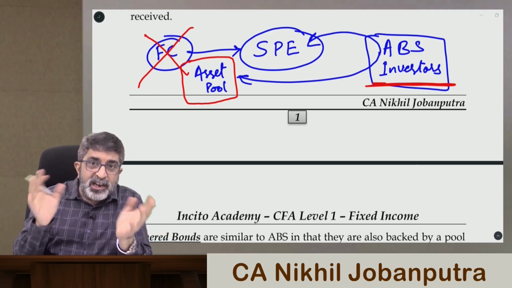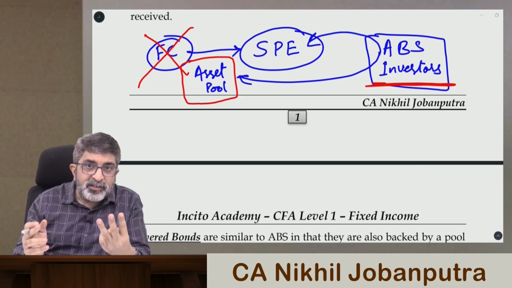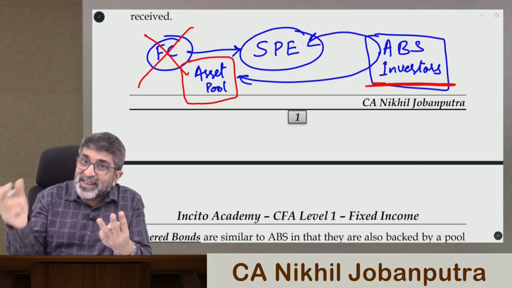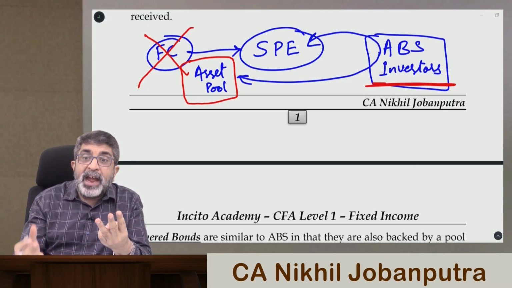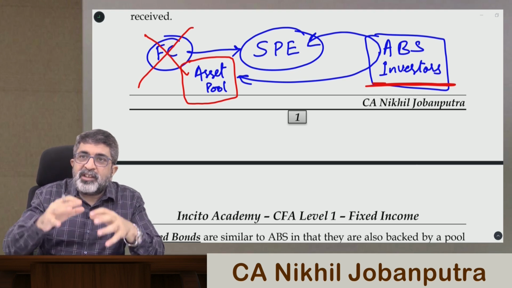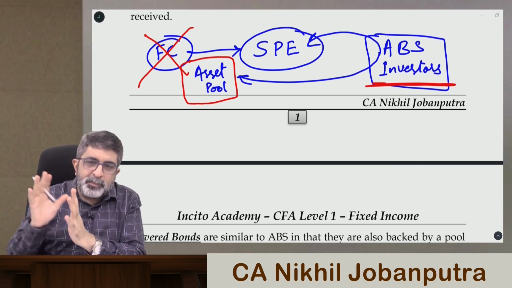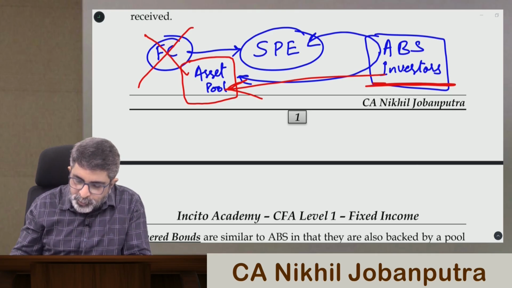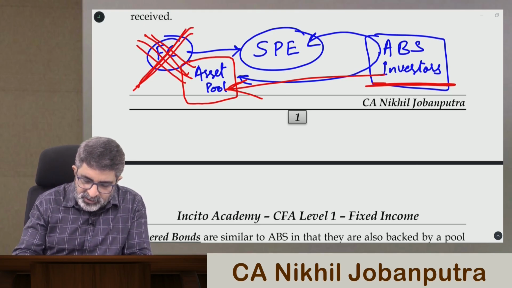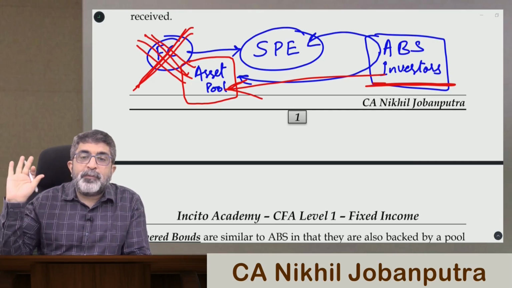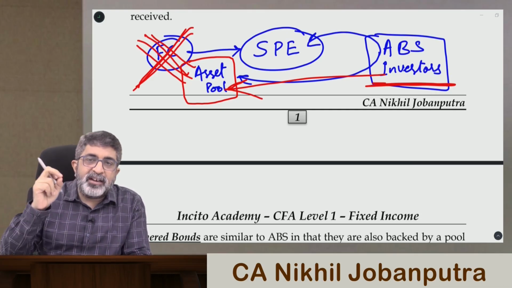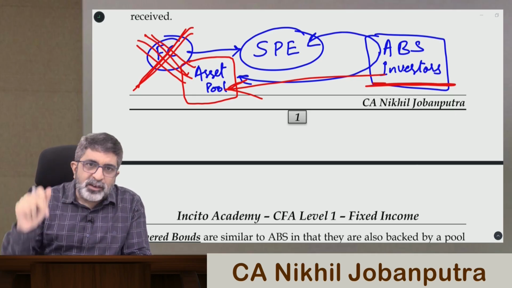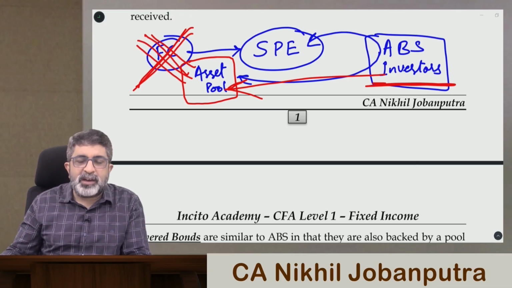So it is the whole relationship between three things: the SPE, which is issuing the asset-backed securities, the ABS investors who are buying these securities, and the asset pool which is at the backing, which is a kind of assurance that there is a source of repayment available. So ABS investors are more concerned with this asset pool rather than the position of this finance company. Now the finance company is out of the picture. The moment this asset pool is sold and ABS are issued, the finance company is out of the picture. That is why even if it goes bankrupt, it is not going to affect our ABS investors.